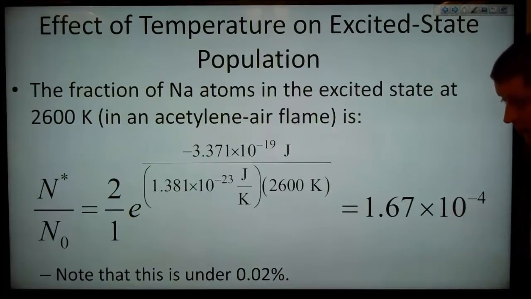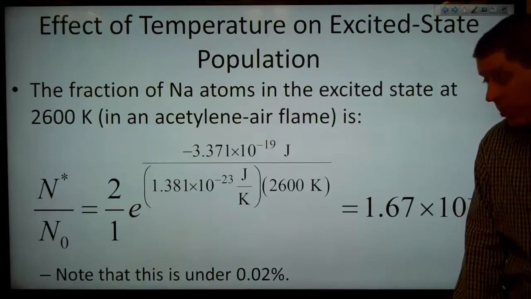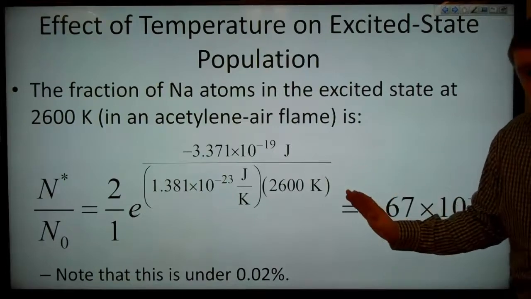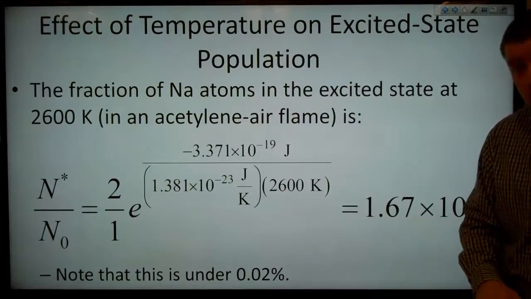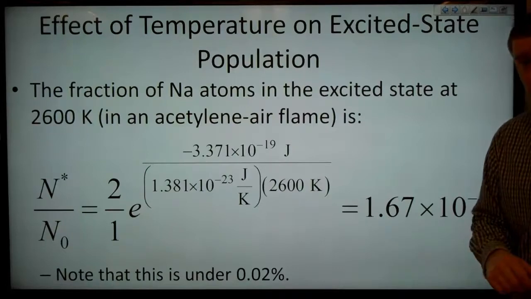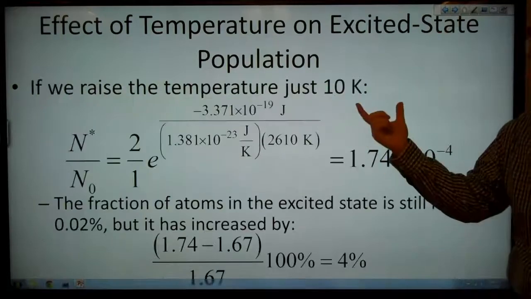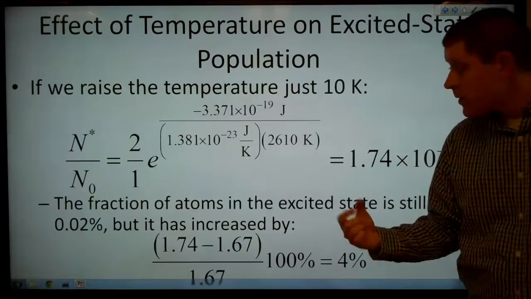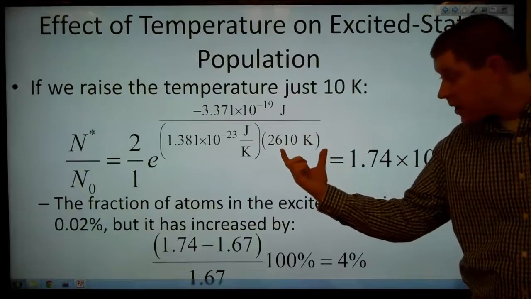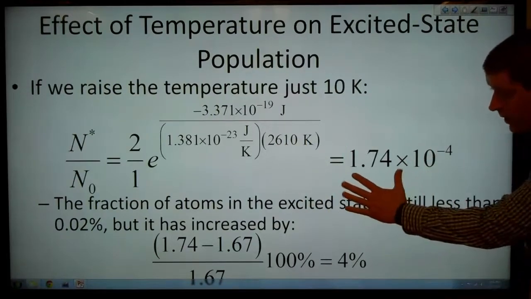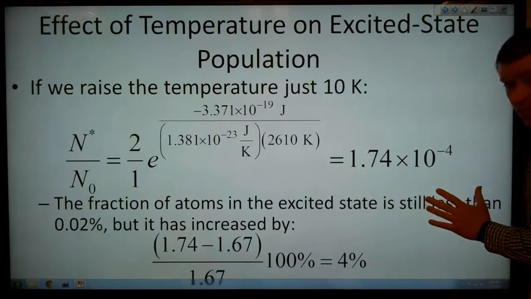And note that this is under 0.02%. That is, most of our atoms are still in the ground state. There are just a very small number in that first excited state. But if we raise the temperature just 10 kelvin, then we've increased the temperature to 2610 kelvin, and now our value goes to 1.74 times 10 to the minus 4.